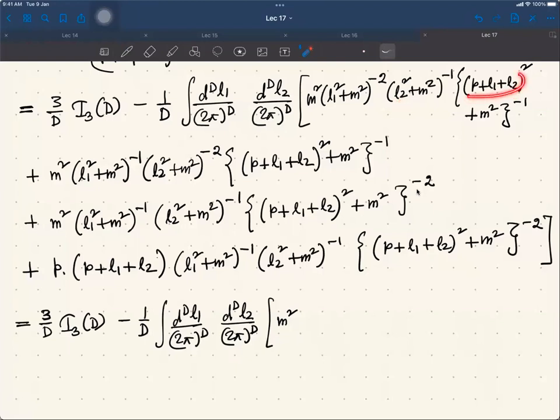So if it has to become L1, then I should replace L1 by L1 minus P minus L2. So (L1 minus P minus L2) whole square plus M square to the minus 2. L2 square plus M square to the minus 1.